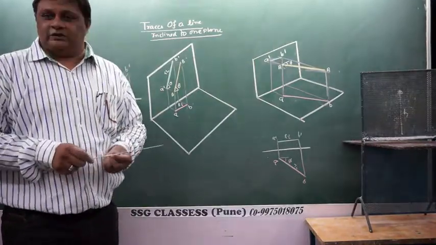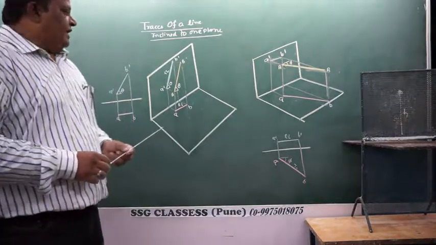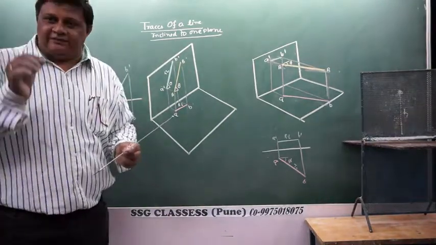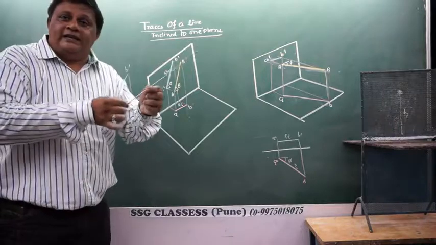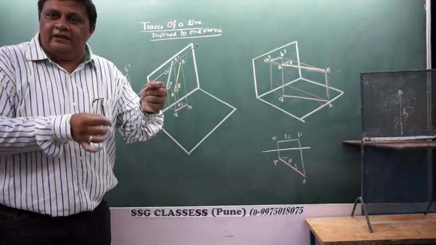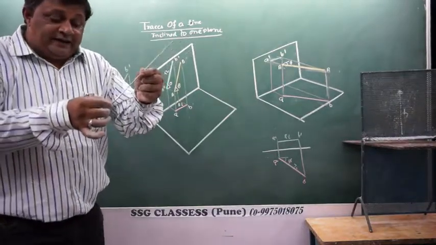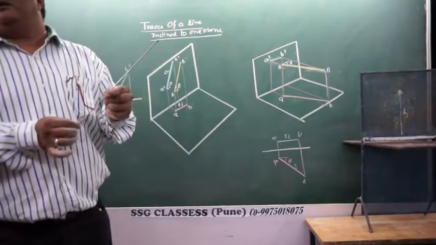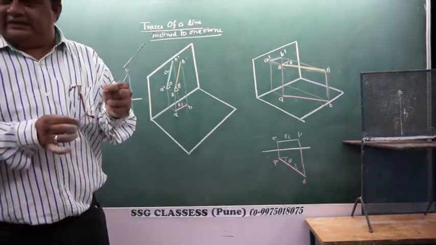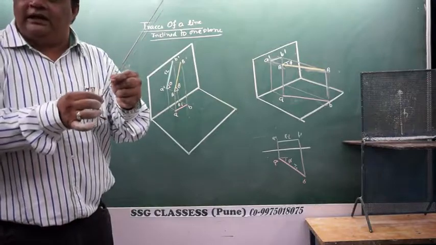What is a trace of a line? That is, if a line is extended in such a fashion that it goes and intersects some reference plane, then the point where it intersects that reference plane will be called the intersection, or the trace of that line.